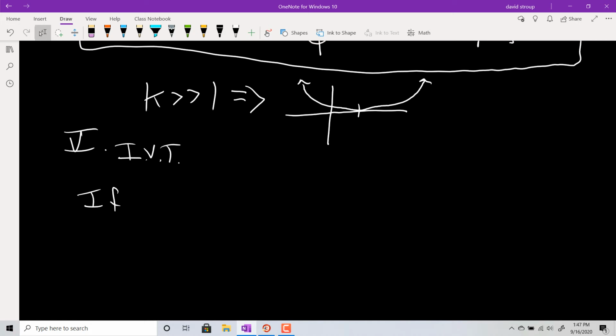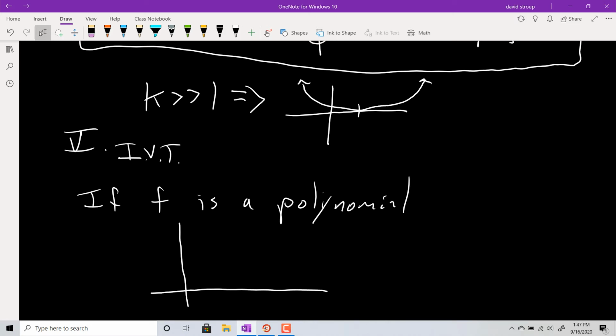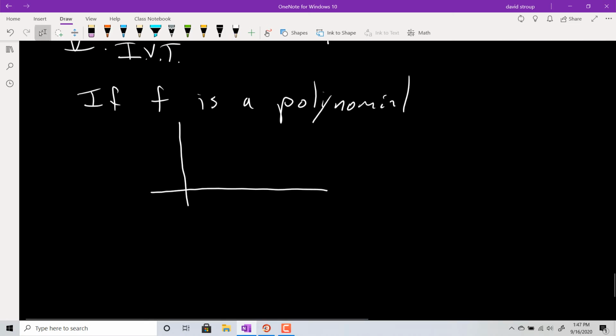Basically, it says if a function is a polynomial, and let's say here's A, and you have this point f of A, which is below the x-axis, and then at B you have f of B. This is going to seem stupid, but it's important ultimately.